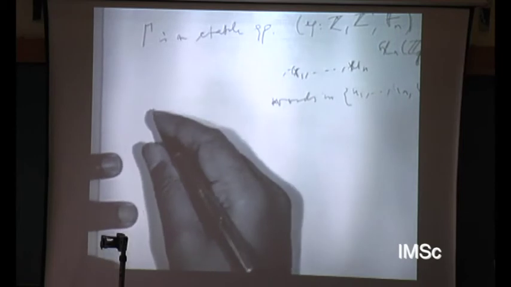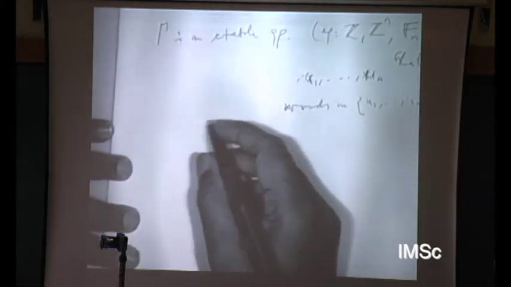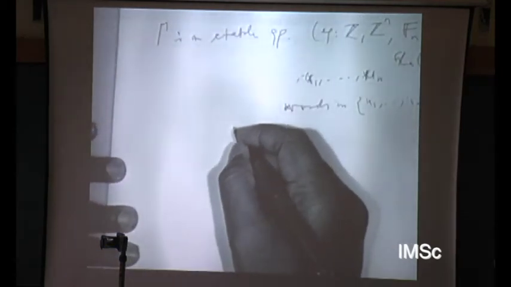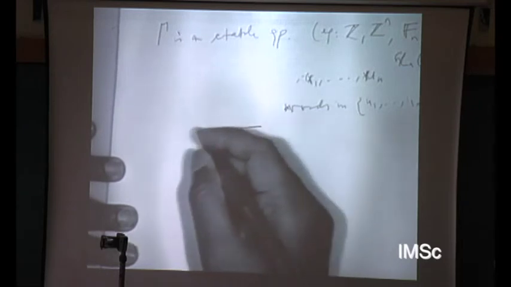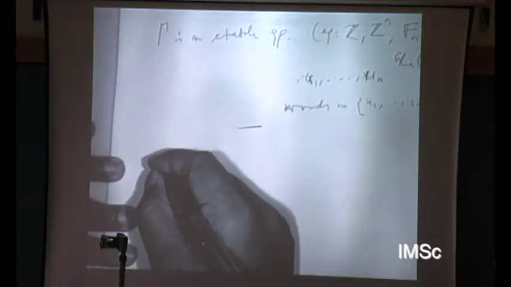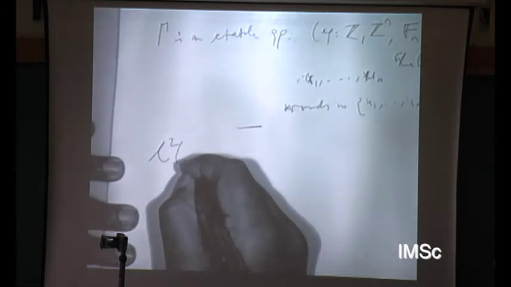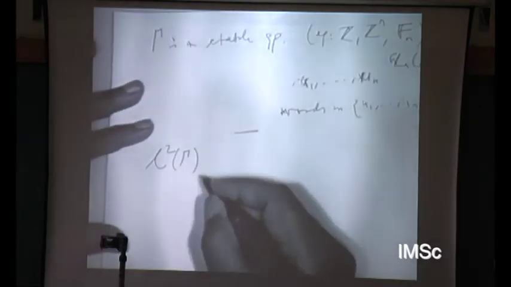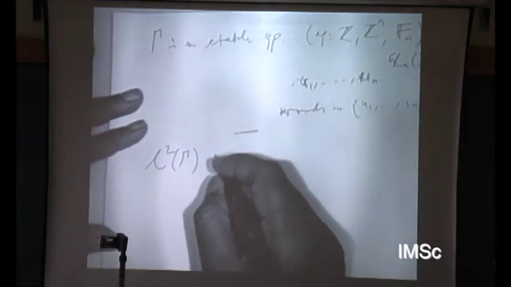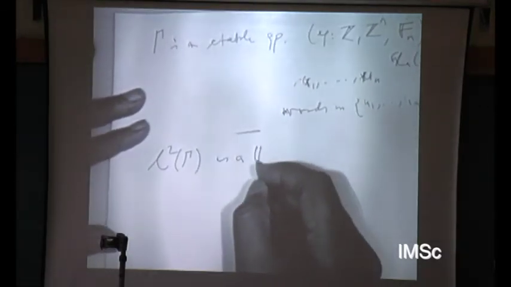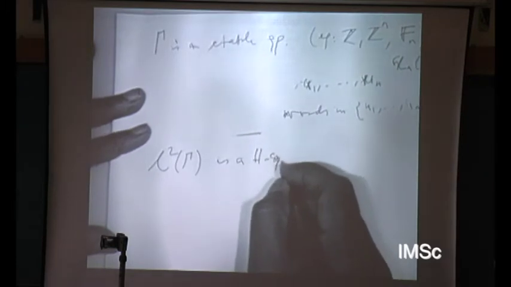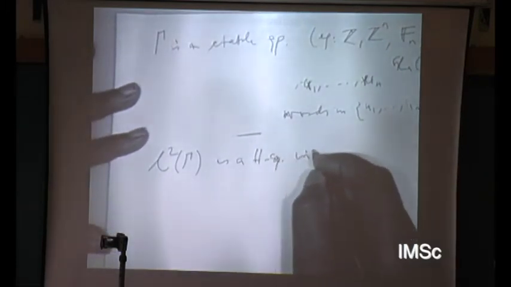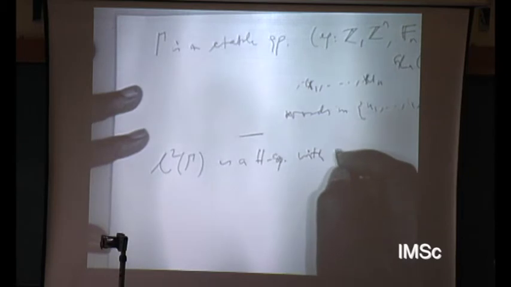Okay, given this gamma, one does the following thing. Write L2 gamma, some Hilbert space with orthonormal basis.